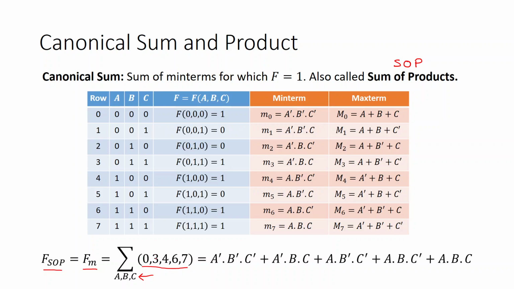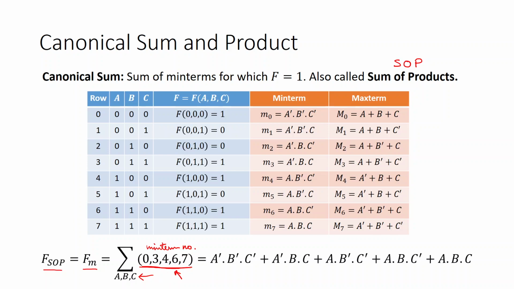Similarly, the numerical value 3 is also 1. This is the min term number. So which min term numbers are 1? From here you can easily see min terms 0, 3, 4, 6, 7 are becoming 1 at the output. So you only have to collect these min term numbers. That is very obvious now from this expression.